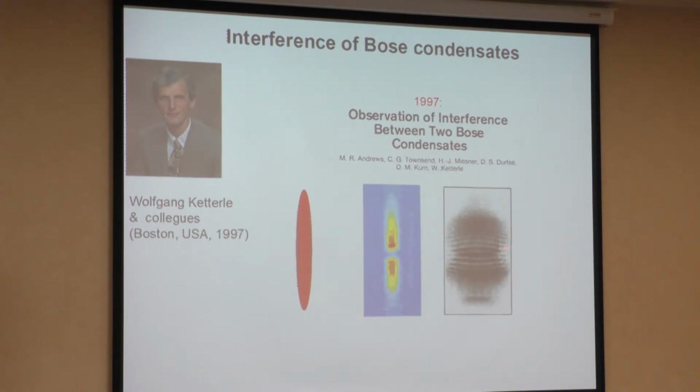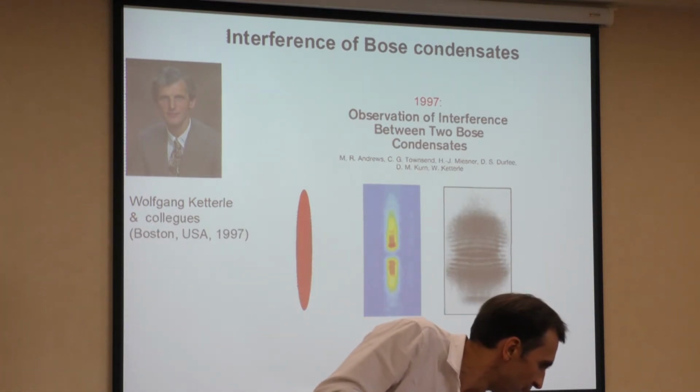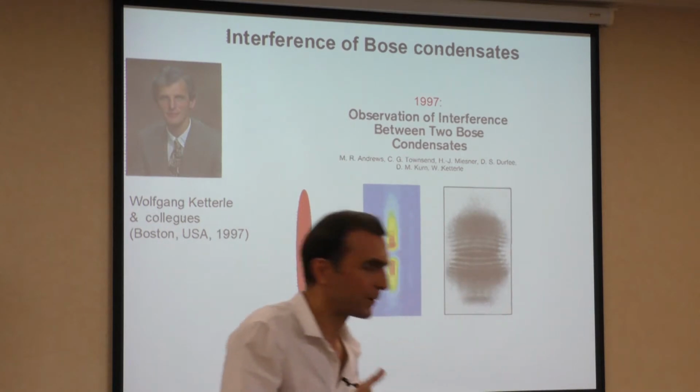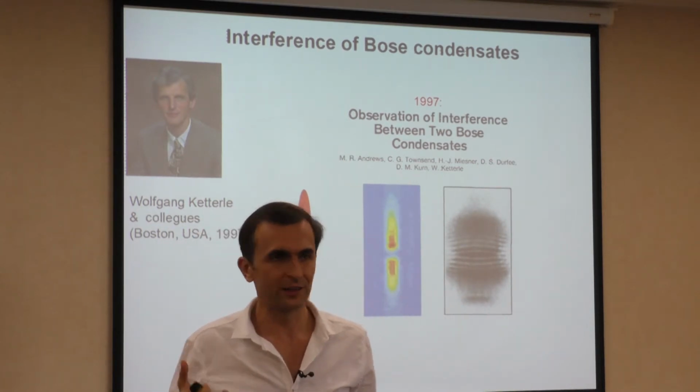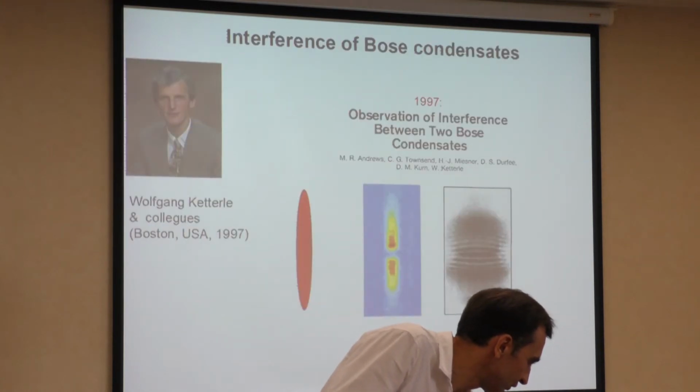So those are the interference fringes. It means that on the left side and on the right side of the trap, there were two macroscopic collective wave functions. So the appearance of a collective wave function is identical to Bose-Einstein condensation.